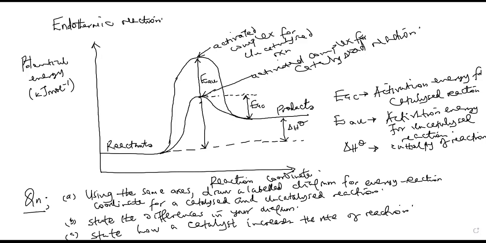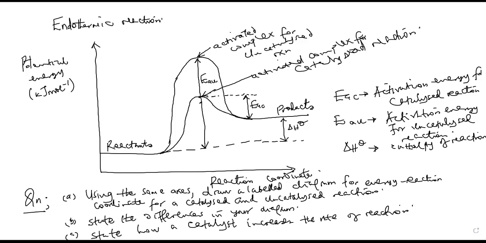Now, a homogeneous catalyst works by lowering the activation energy of the rate determining step by forming an intermediate. In other words, it is generally used for reactions in aqueous solutions.